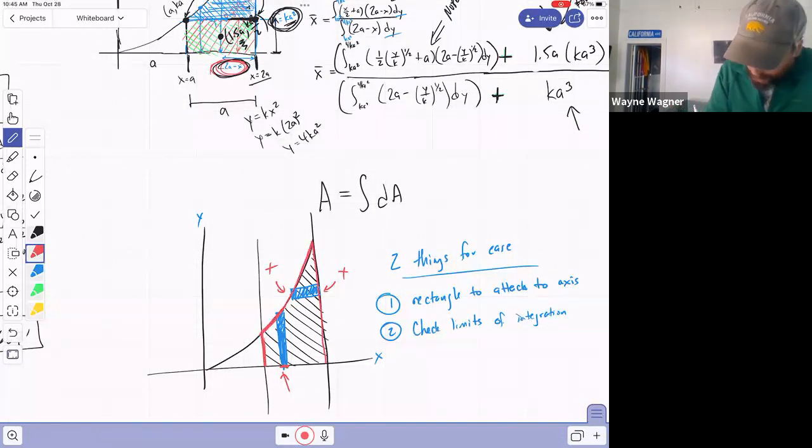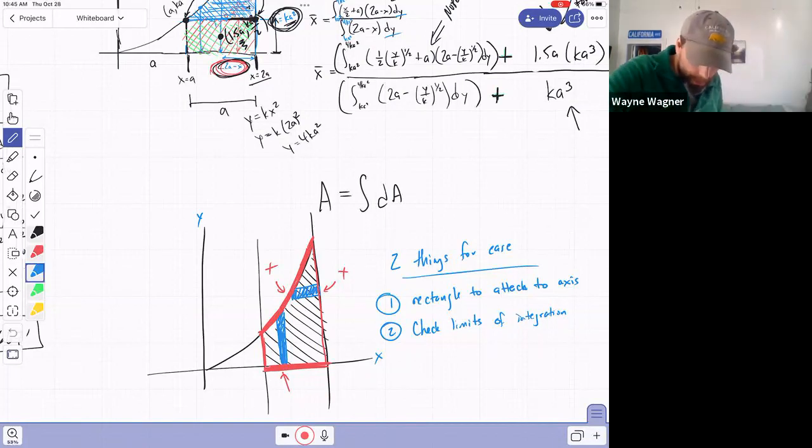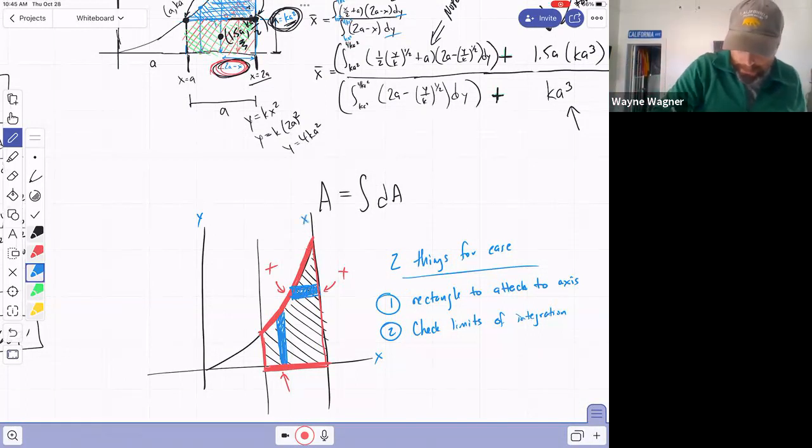It's always going from the x-axis down here at the bottom to y equals kx squared up here, always. The horizontal ones are going from x equals 2a to this line from here to here, and then it's going to be redefined down here.